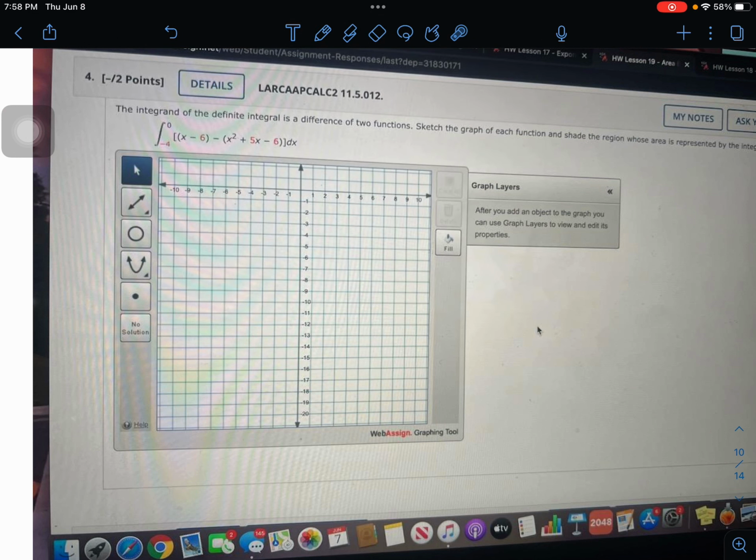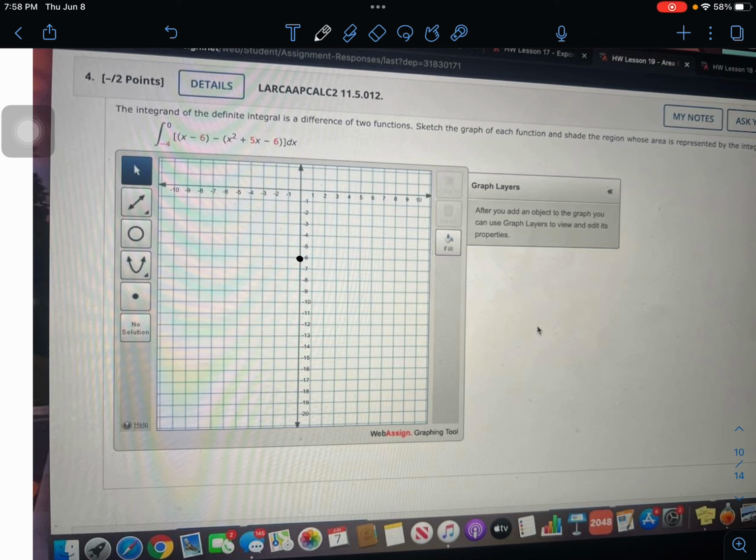If you remember from algebra 1, this is your y-intercept. And your slope is what's in front of the x. This is your slope-intercept form, mx plus b. The number in front of your x is your slope. Well, you don't see a number in front of your x. It's a 1.